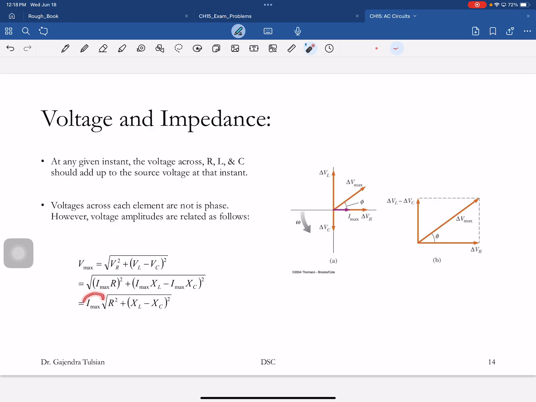The current comes out times that. For a DC circuit, the voltage across a resistor is I times R. So here we have exactly the same expression. V max equals I max times this, so this must be Z. That is the impedance of that RLC series circuit.